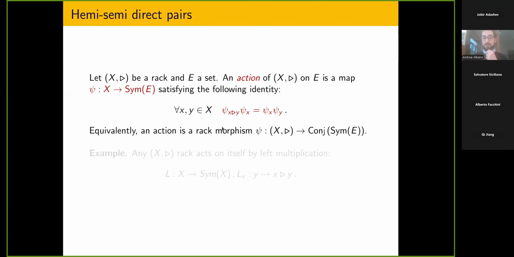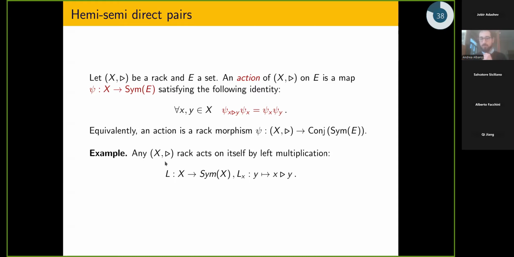In this case, we can equivalently say that an action is a rack homomorphism from X triangle to the conjugation quandle of the symmetric group on E. An example is just achieved by taking any rack and letting it act on itself by left multiplication.